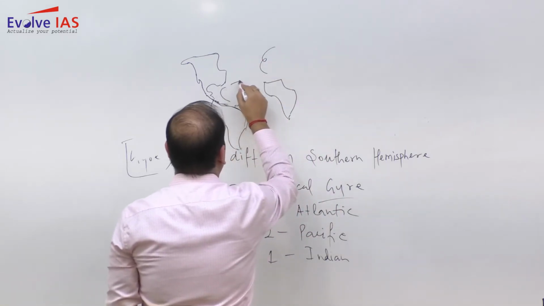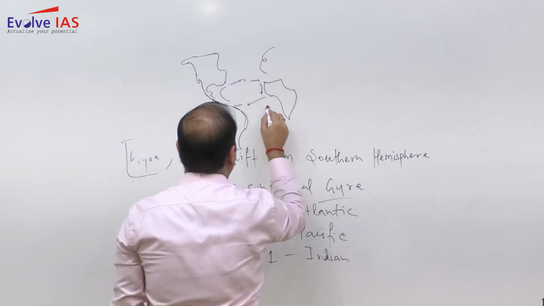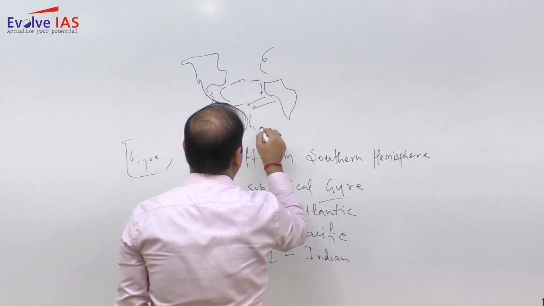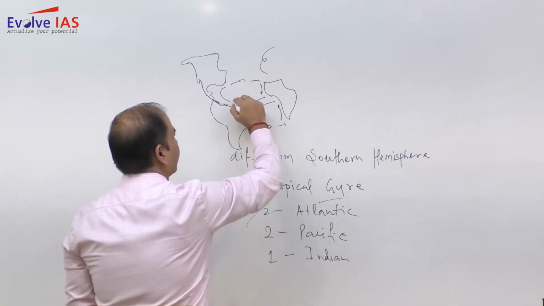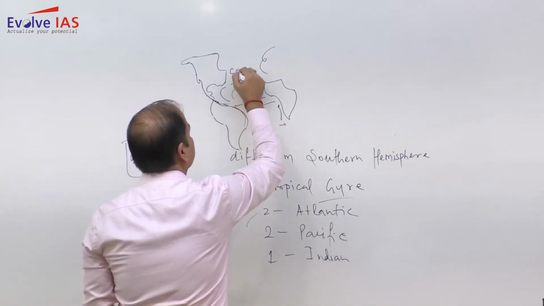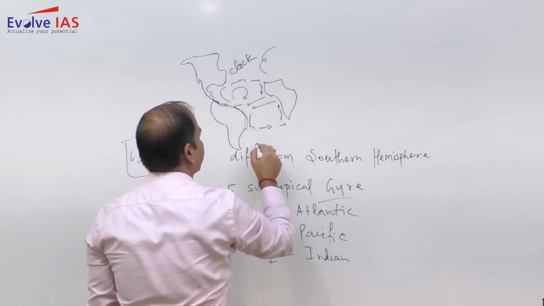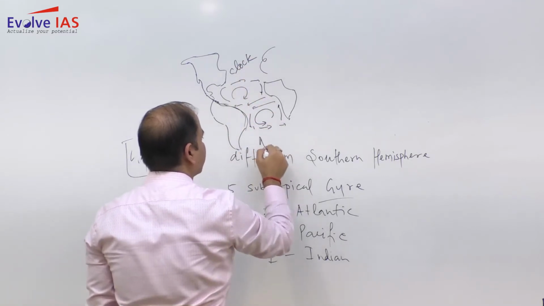You will find that in the ocean these gyres are flowing in a circulation. The circulation is clockwise in the northern hemisphere and anti-clockwise in the southern hemisphere.